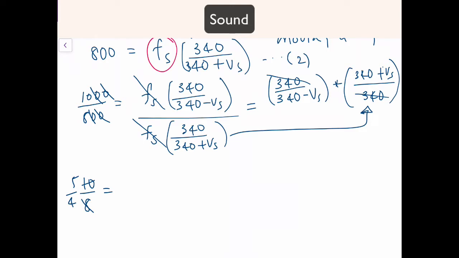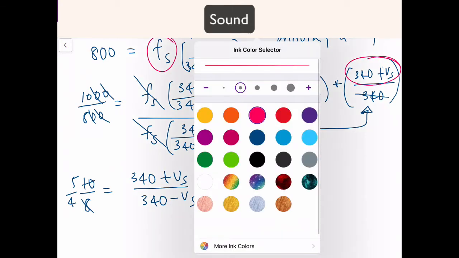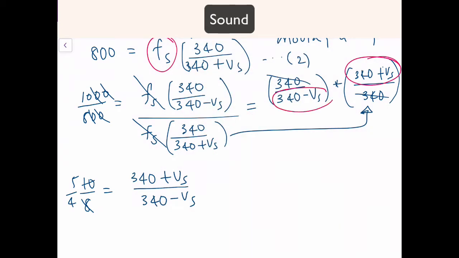That equals 340 plus vs divided by 340 minus vs. See, over here what's left is this on the top, and on the bottom what's left is this.